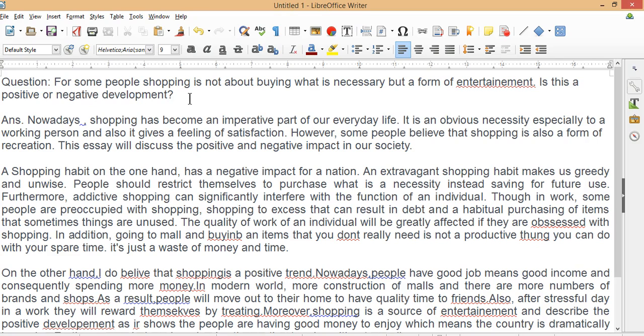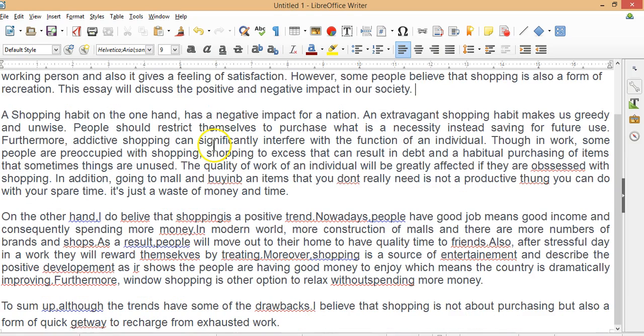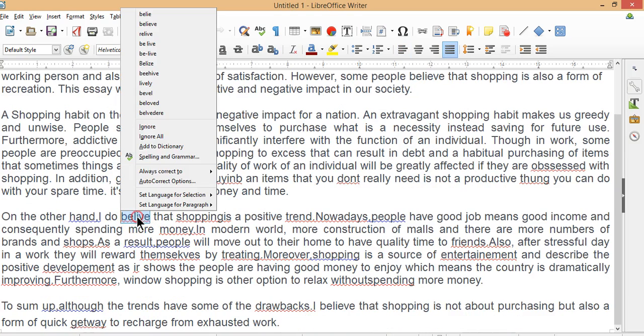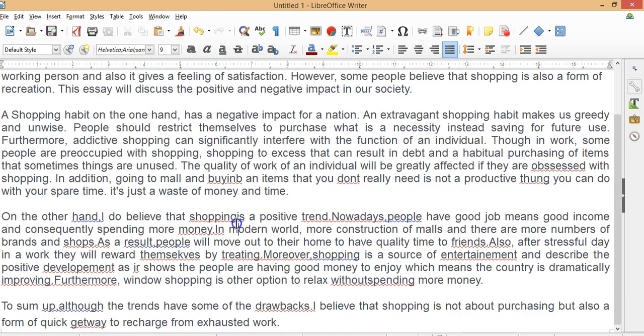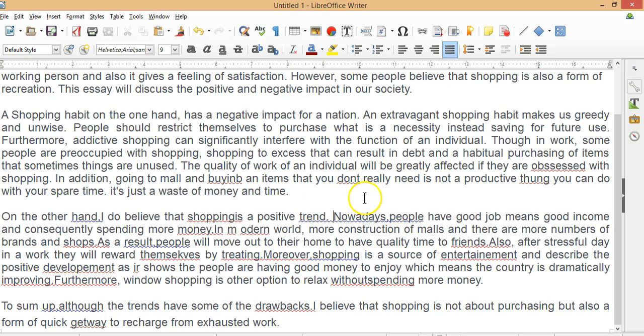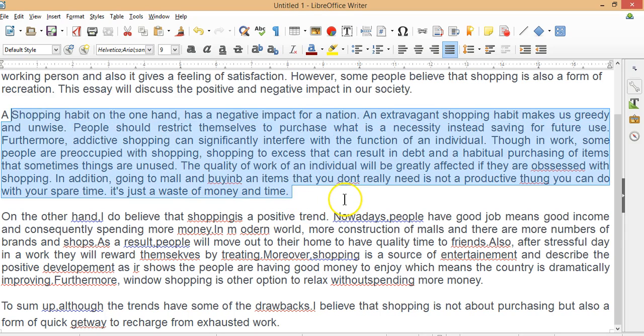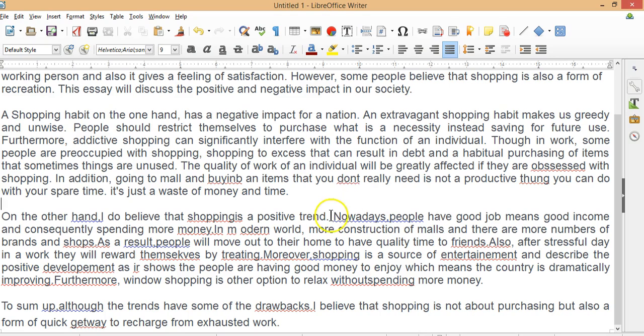Not look at both sides. Okay, on the other hand, I do believe that shopping is a positive trend. Well, how is it? You just said on the one hand it's a waste of time. Now you're saying it's a positive trend? So the logic here does seem to be somewhat at odds.